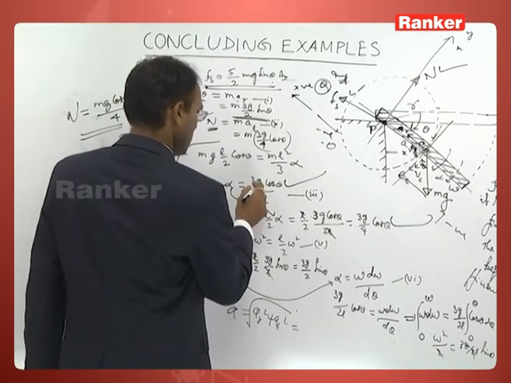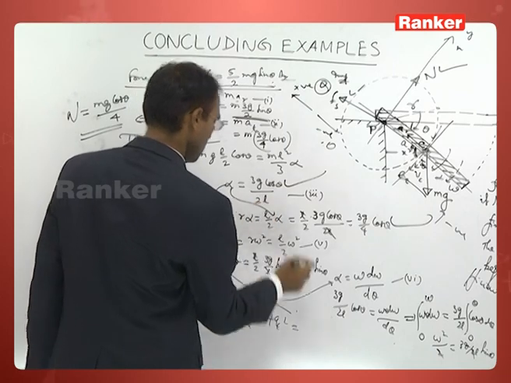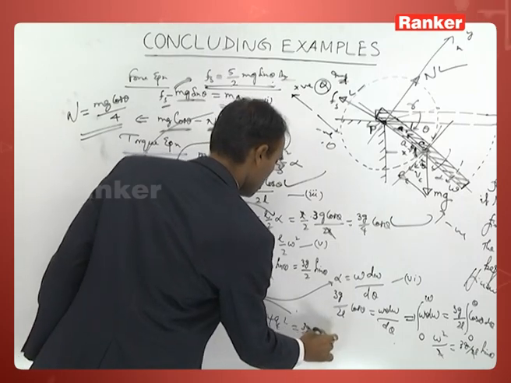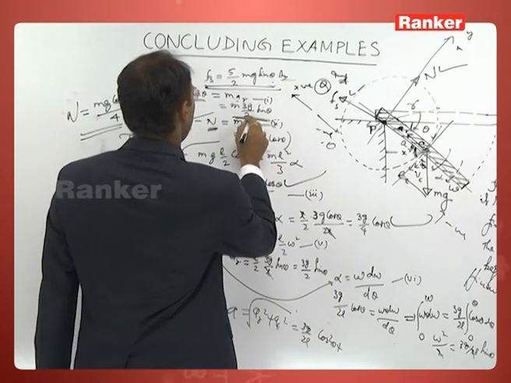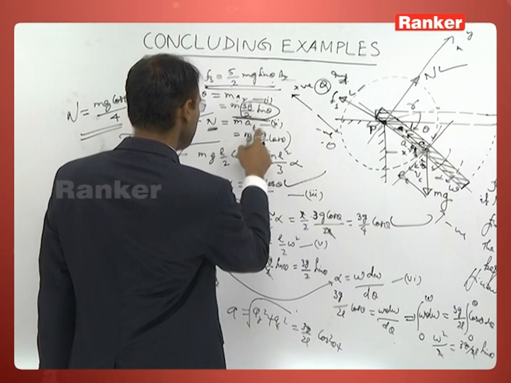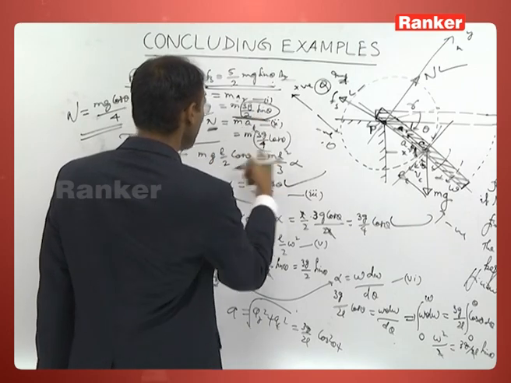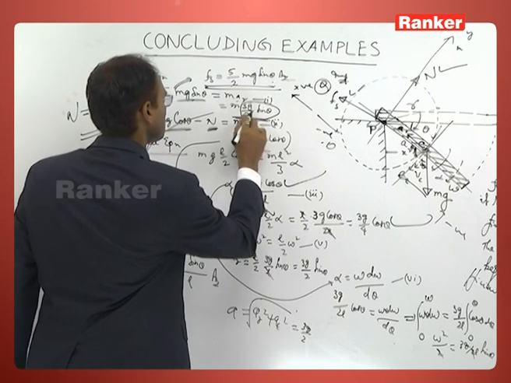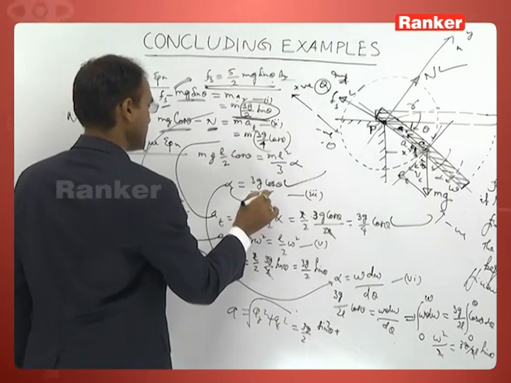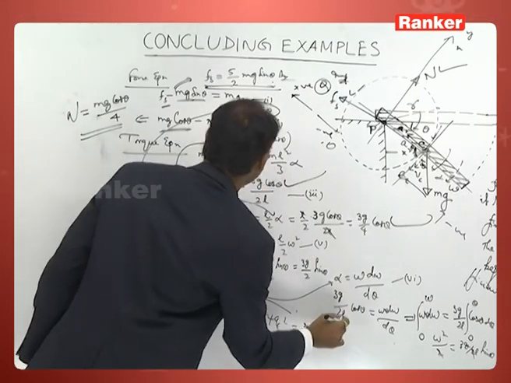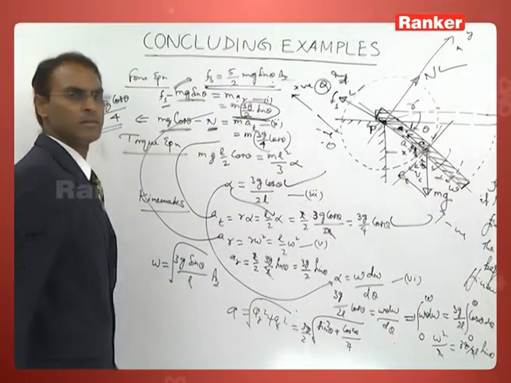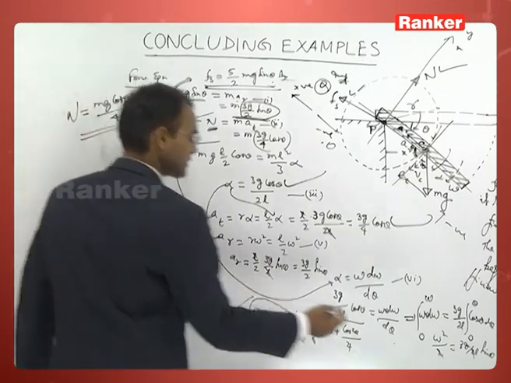Taking 3g by 2 common, AR is 3g by 2 sin theta and AT is 3g by 4 cos theta, so you get sin square theta plus cos square theta by 4 like that. So you are getting the total acceleration.